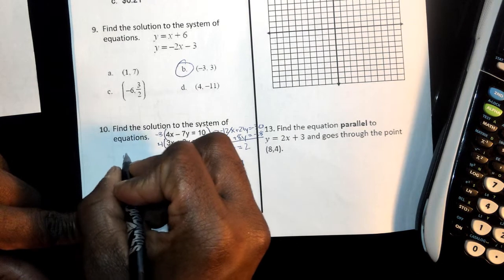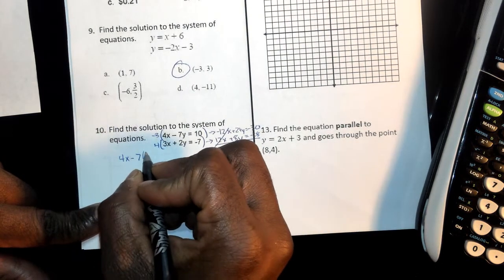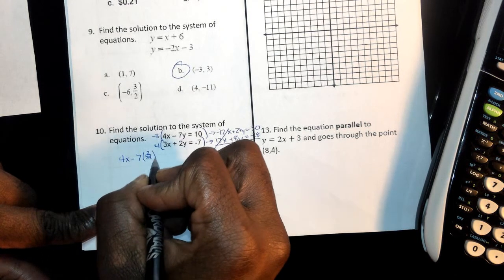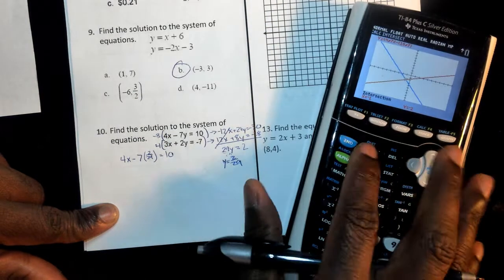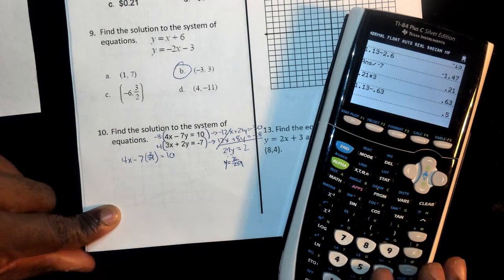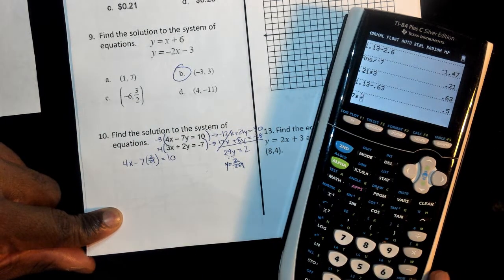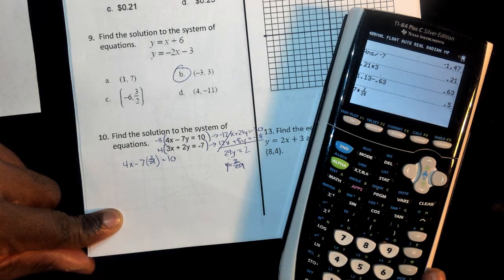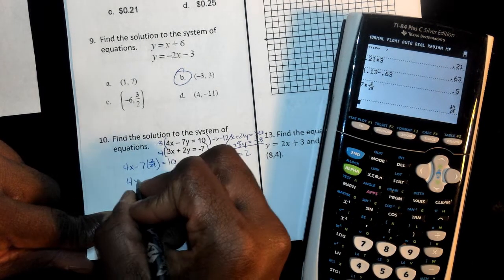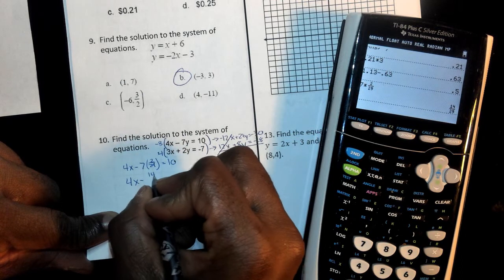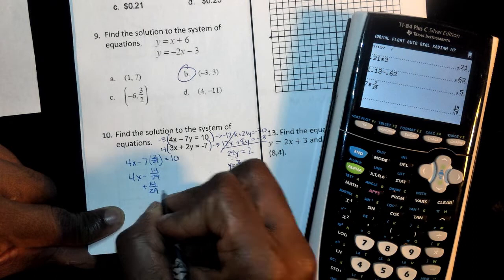For y. So you have 4x minus 7 times 2 over 29 equals 10. 7 times 2 over 29 is 14 over 29. I have 14 over 29 on both sides.